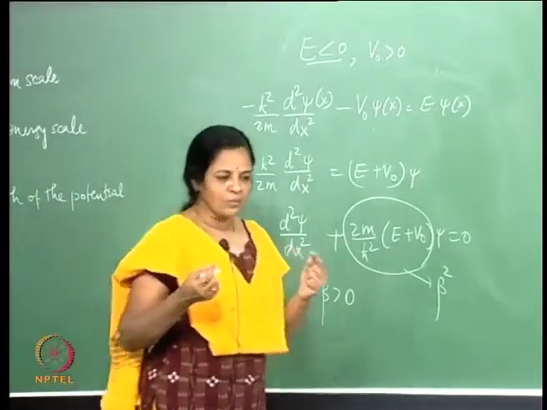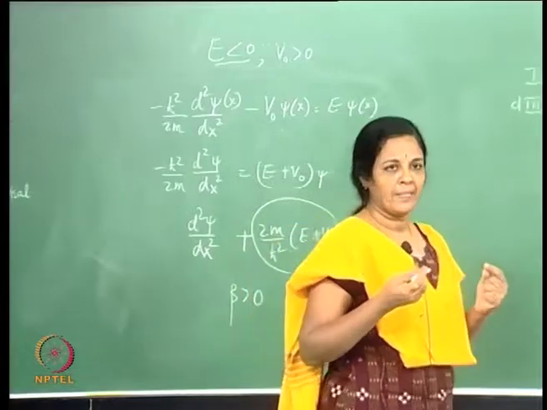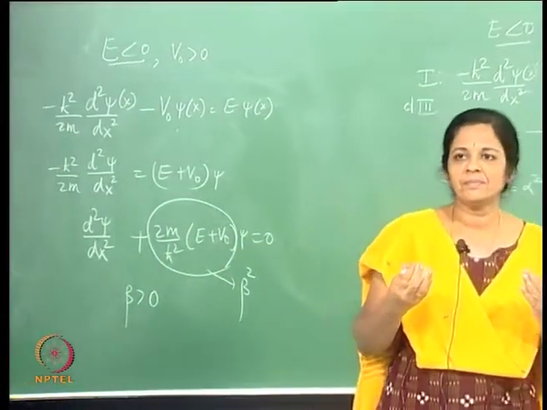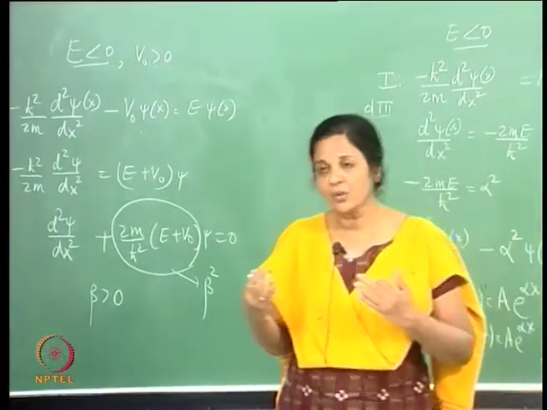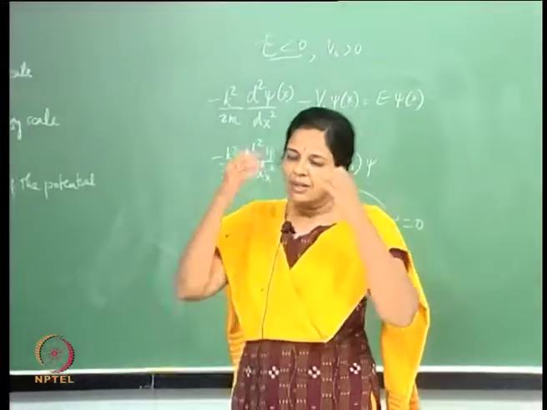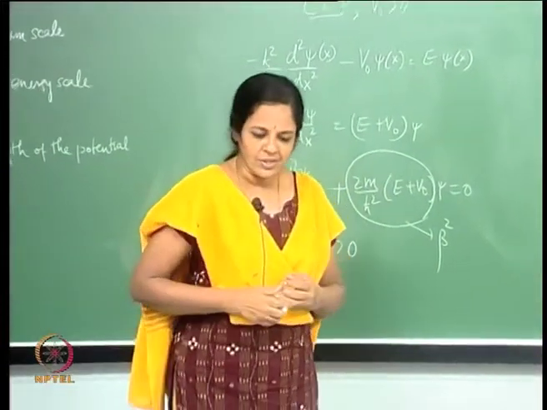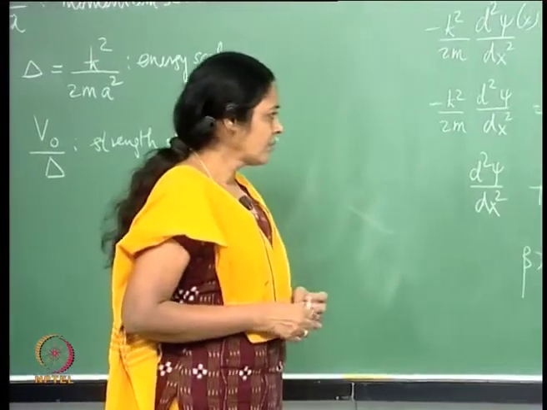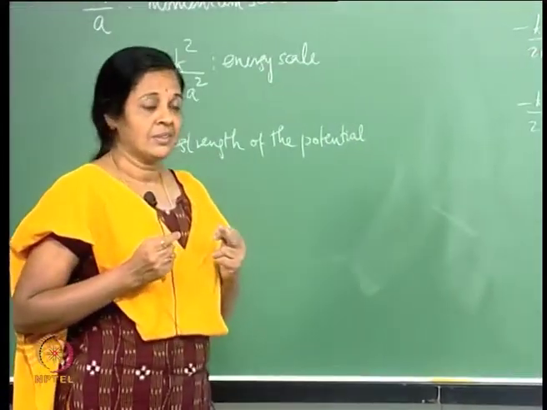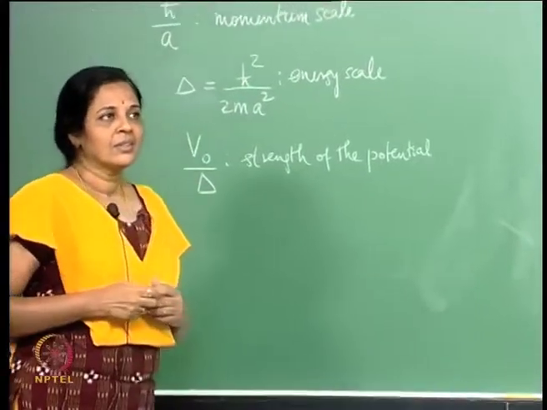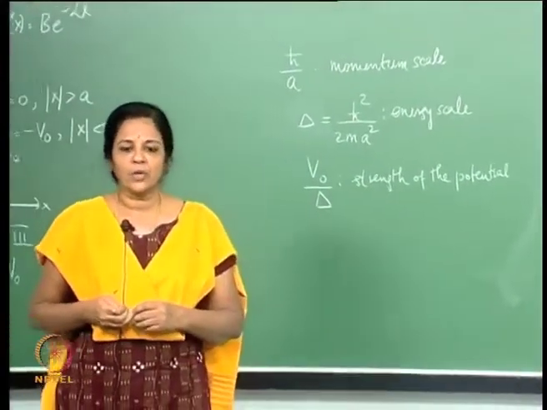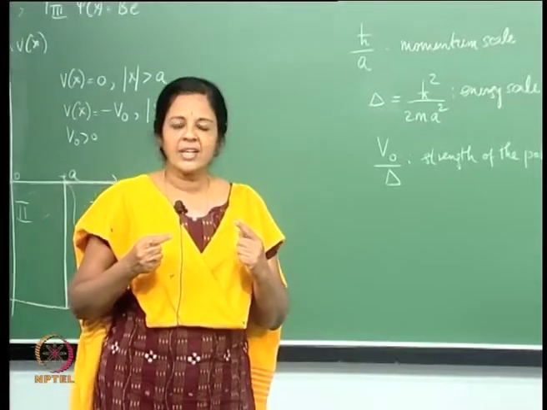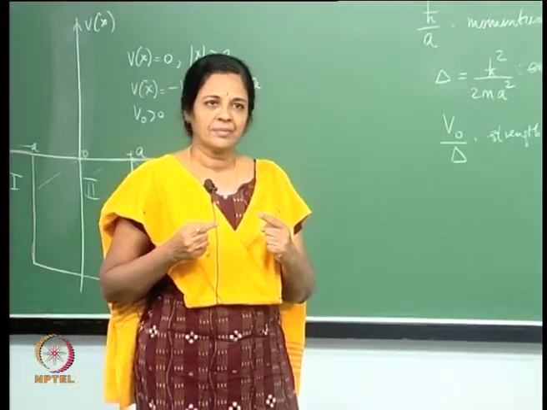So now I have two objects, alpha and beta, both positive by my definition without loss of generality, and the natural dimensions are inverse length for alpha and beta. I also have a delta which I have constructed with the constants available in the problem, and delta has dimensions of energy.